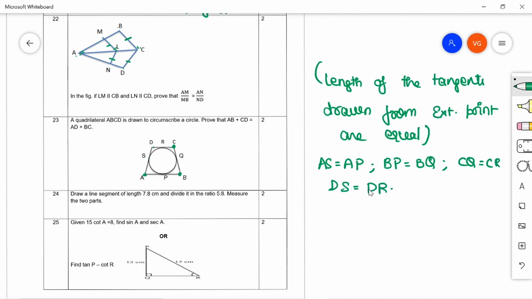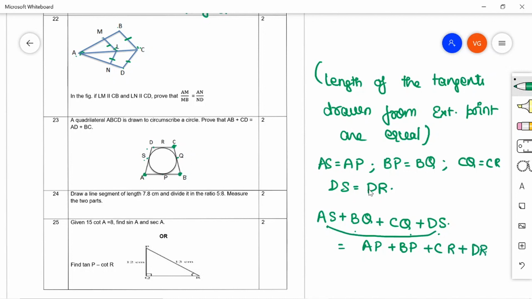So if you add AS plus BQ plus CQ plus DS. See here what I am adding: AS plus BQ plus CQ plus DS, that is AS plus DS plus BQ plus CQ, that is equal to AP plus BP plus CR plus DR. So what is AS plus DS?